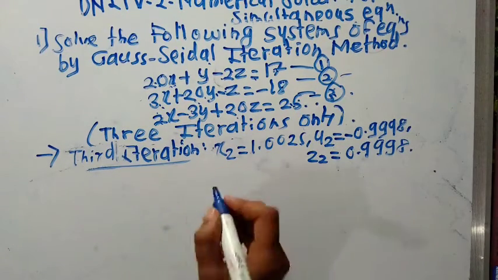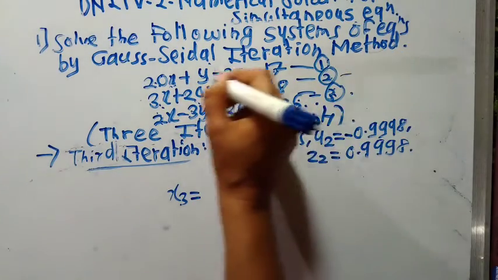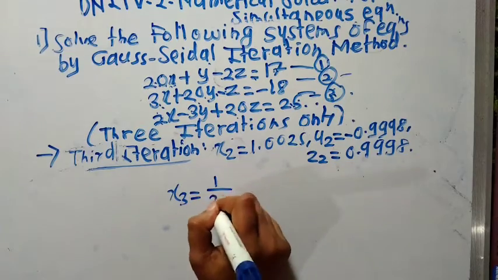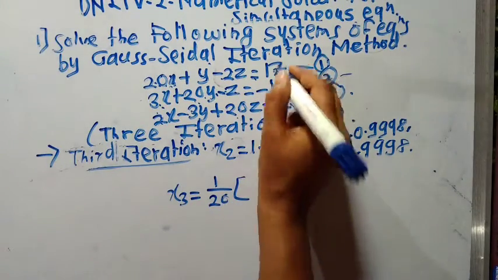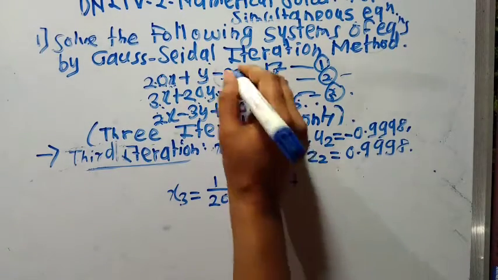Then find out x3 from equation first, 1 divided by 20, 17 minus y plus 2z.